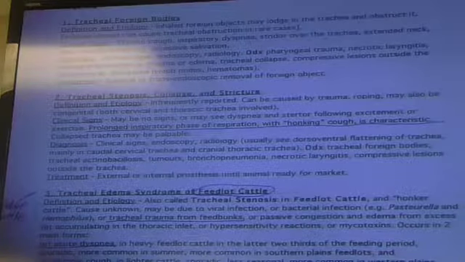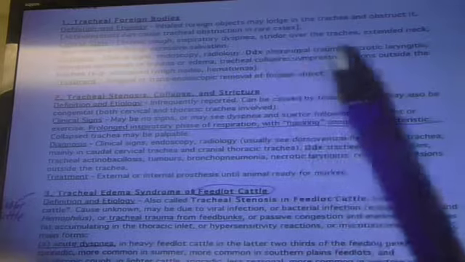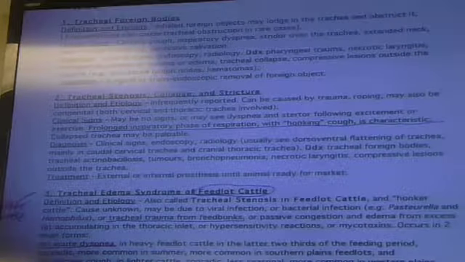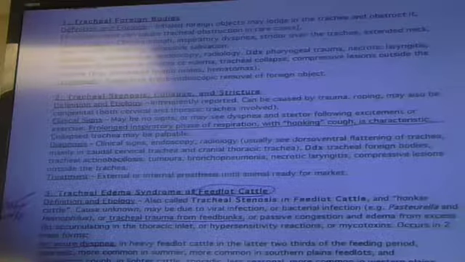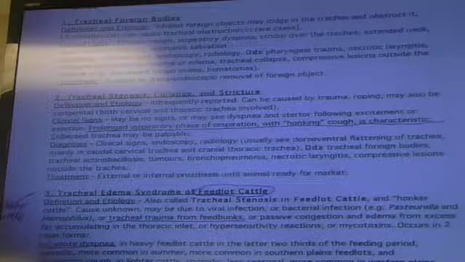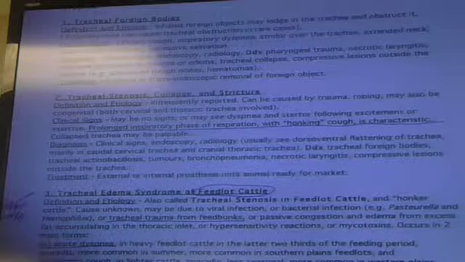Okay, so if you've noticed over the last few days, when I talk about dyspnea, I'm talking about difficulty breathing. So what does an animal look like when it's having difficulty breathing? Open mouth breathing, extended neck, etc., etc. All right. Let's see.